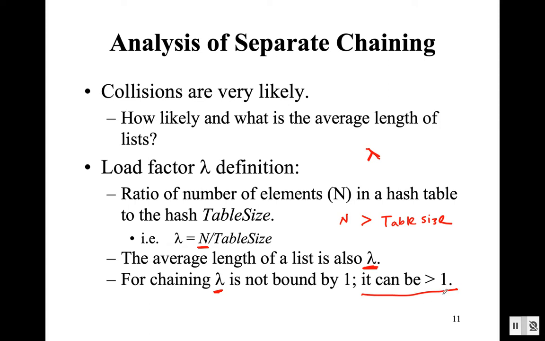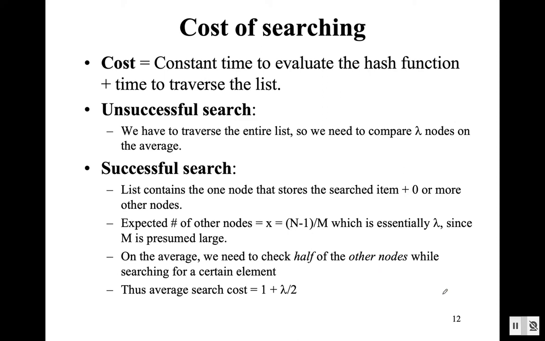So the cost of a successful search could be greater than 1. In separate chaining, the cost includes the time to evaluate the hash function, which is constant time. Evaluating the hash function is just one function; for example, if the hash function is x mod 10, the time to evaluate it is constant.